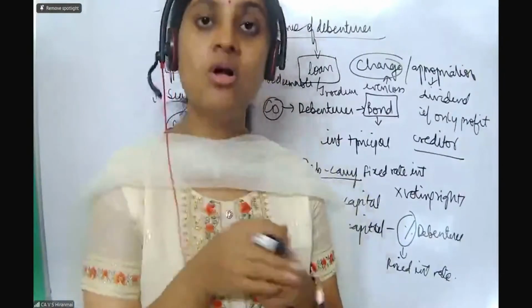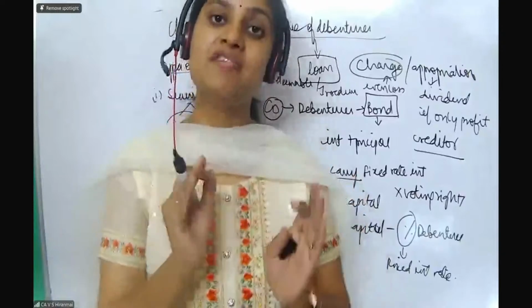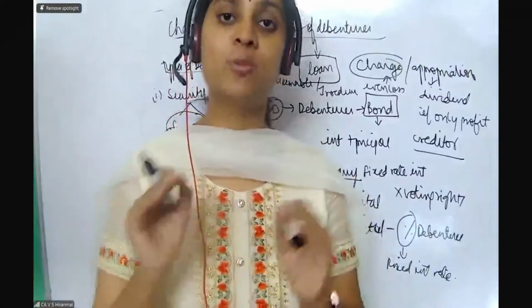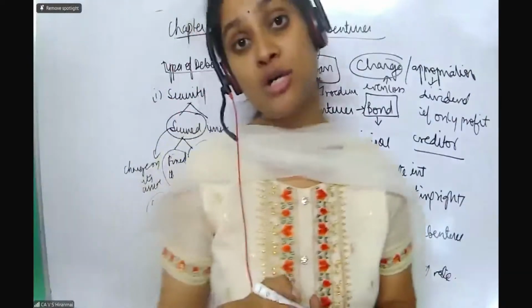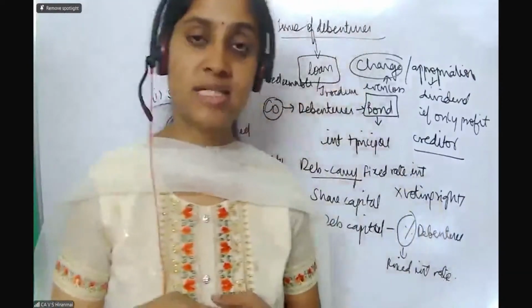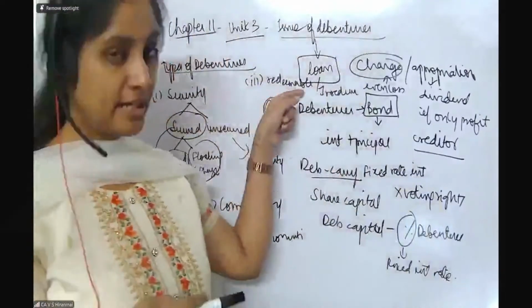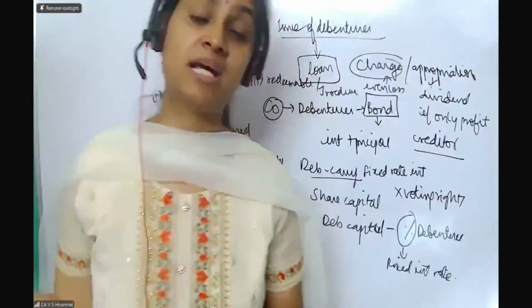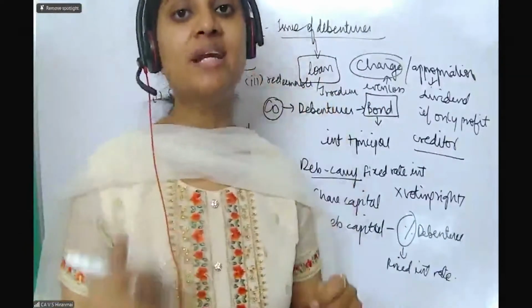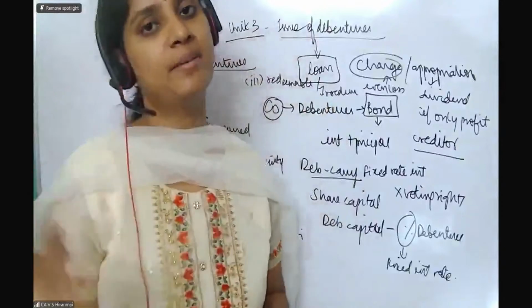I am telling you, I am issuing 10,000 5% debentures of rupees so and so, which will be repaid after 5 years. So when I'm talking about the repayment conditions, it will fall under redeemable. If I say that I am not going to redeem except at the time of closing the company, then it will be called irredeemable debentures.